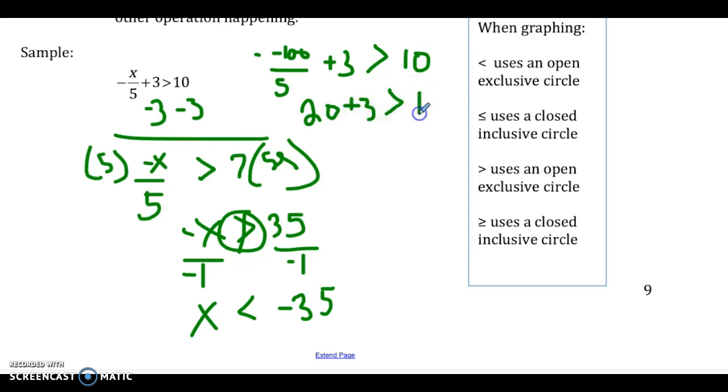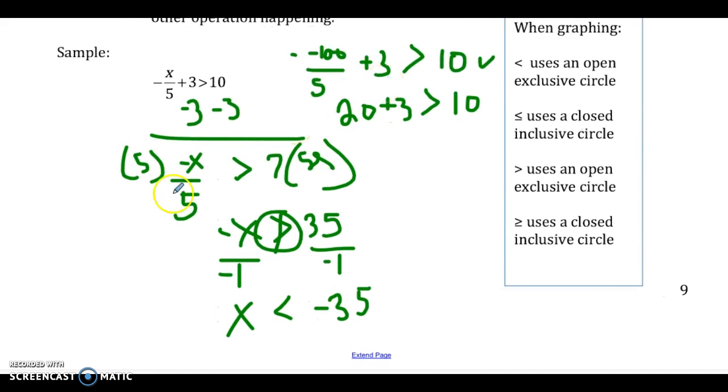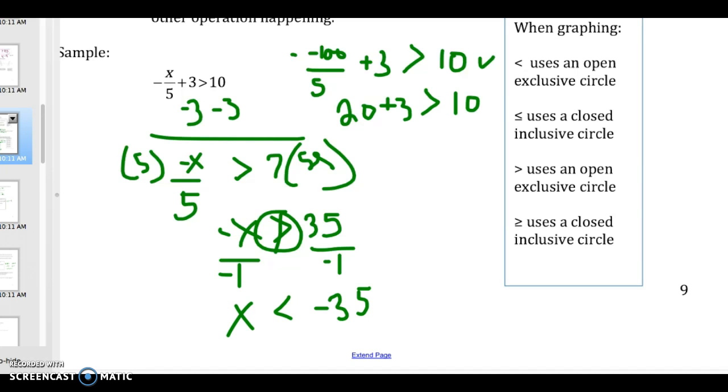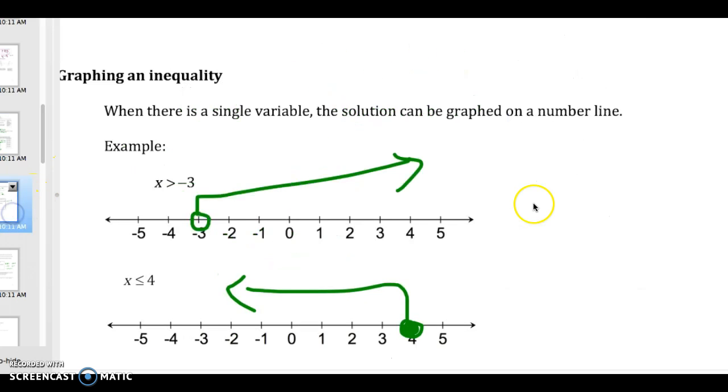Most certainly. So there is my quick check to make sure I did it right and I didn't make any errors in my work.